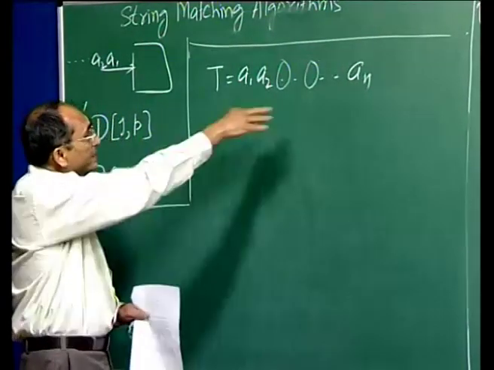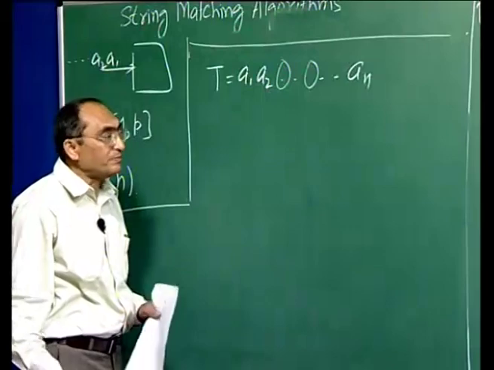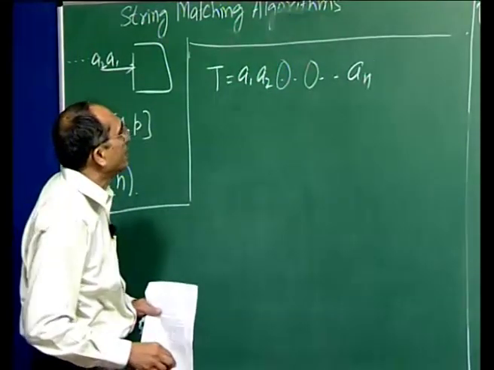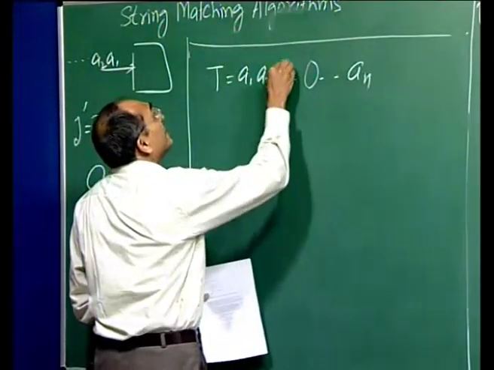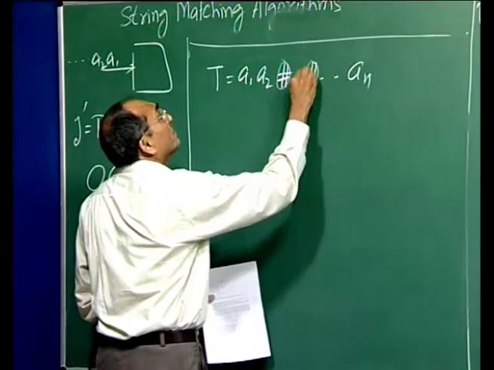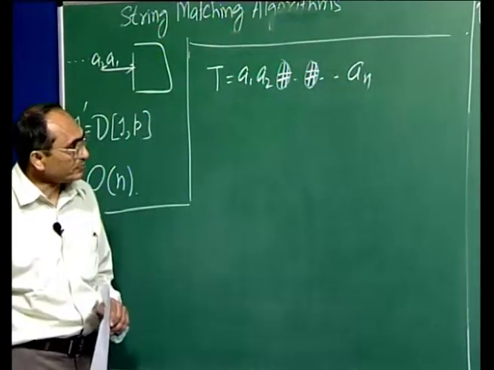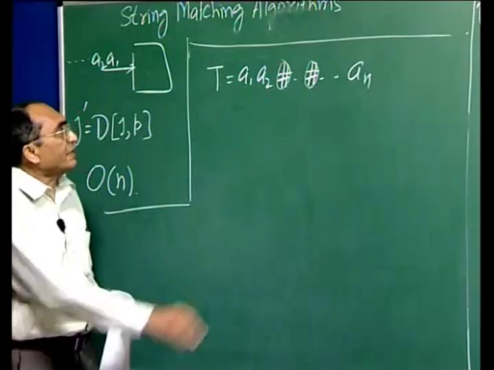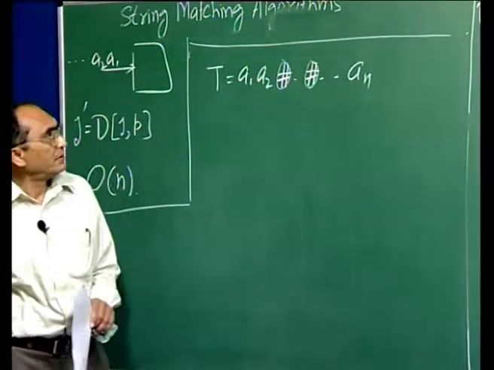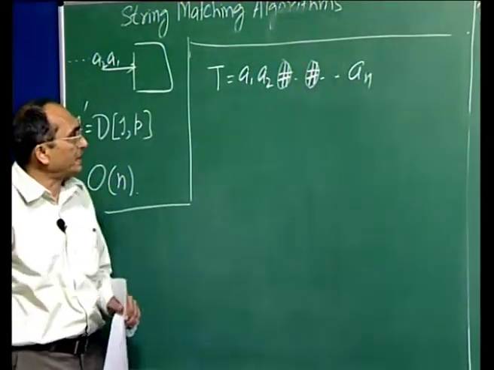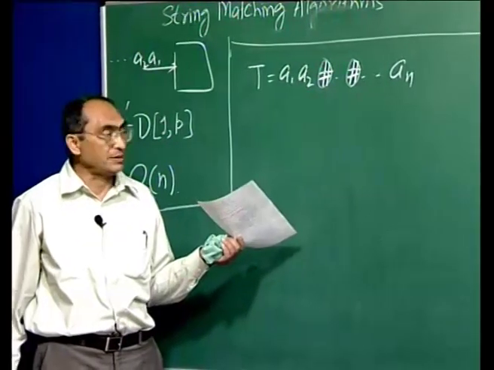We know that this is as good as a symbol which is alien to p. So, if I replace this by a single new symbol, then we can still perform the search and we will still get the same answer.